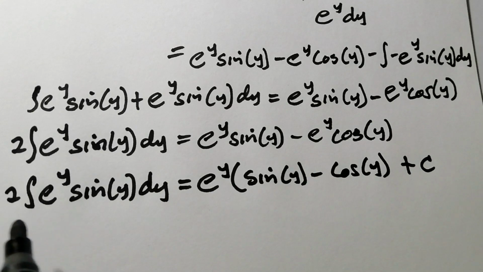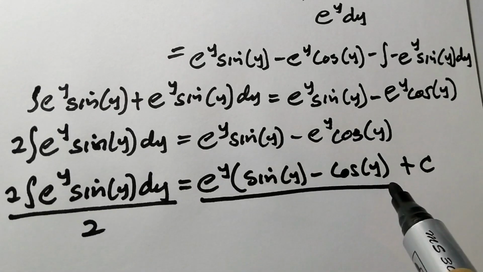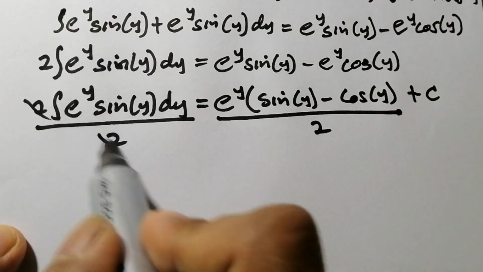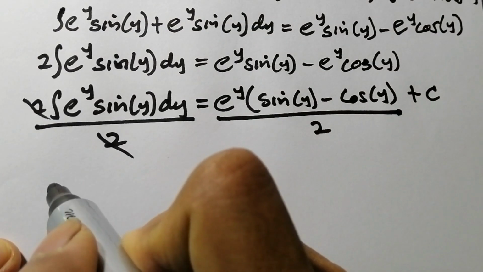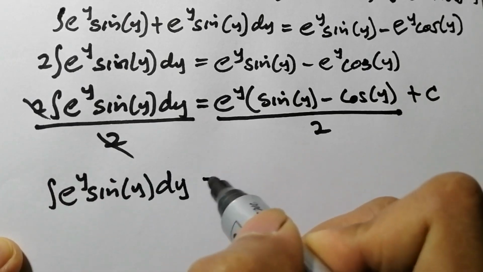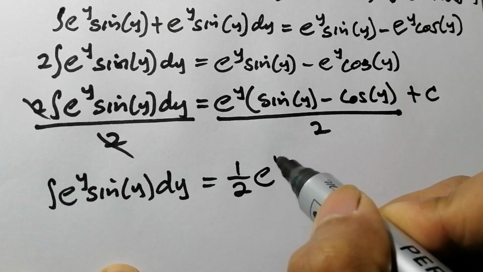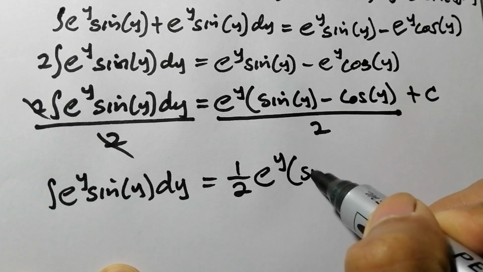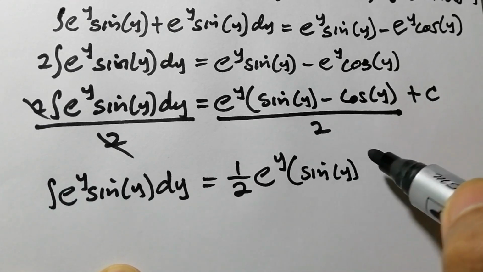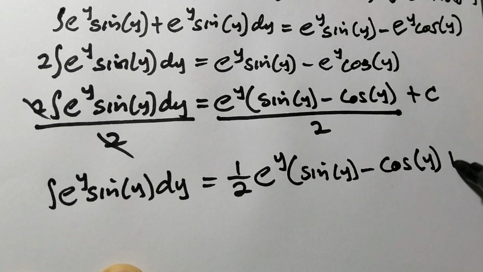As you see, we have a 2 here, so we want to eliminate the coefficient 2 by dividing both sides by 2. Then they cancel out, so it remains the integral of e raised to y sine y dy is equal to one half times e raised to y times the quantity sine y minus cosine y, plus c.